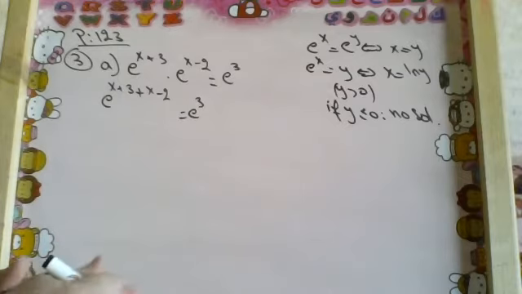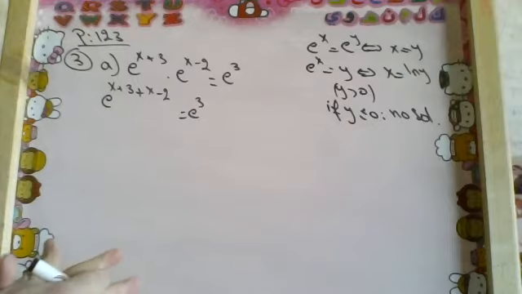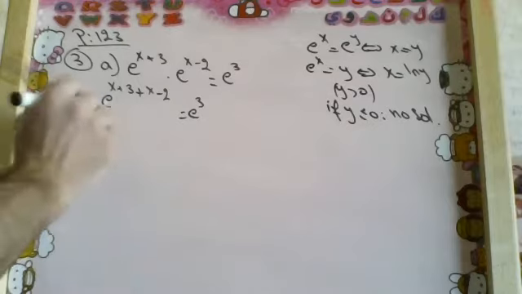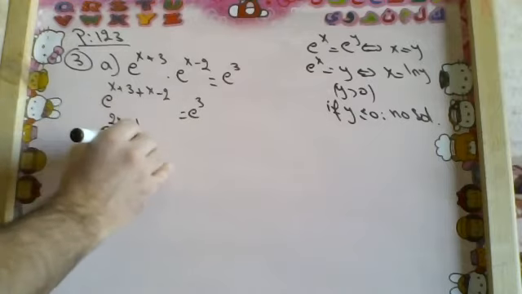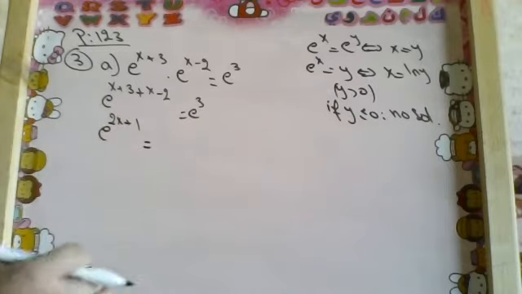x plus 2x plus 1. Then e to the power 2x plus 1 is equal to e power 3.